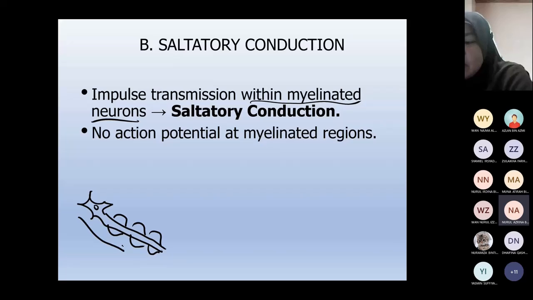Impulse is transmitted in this direction. All right, so no action potential happens or is produced at the myelinated area. So at this area, there will be no action potential.